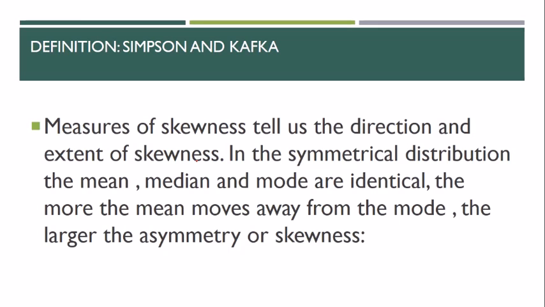The more the mean moves away from the mode, the larger the asymmetry or the skewness. Now if I say a definition like this, I hope you won't understand. We will move further into detail.